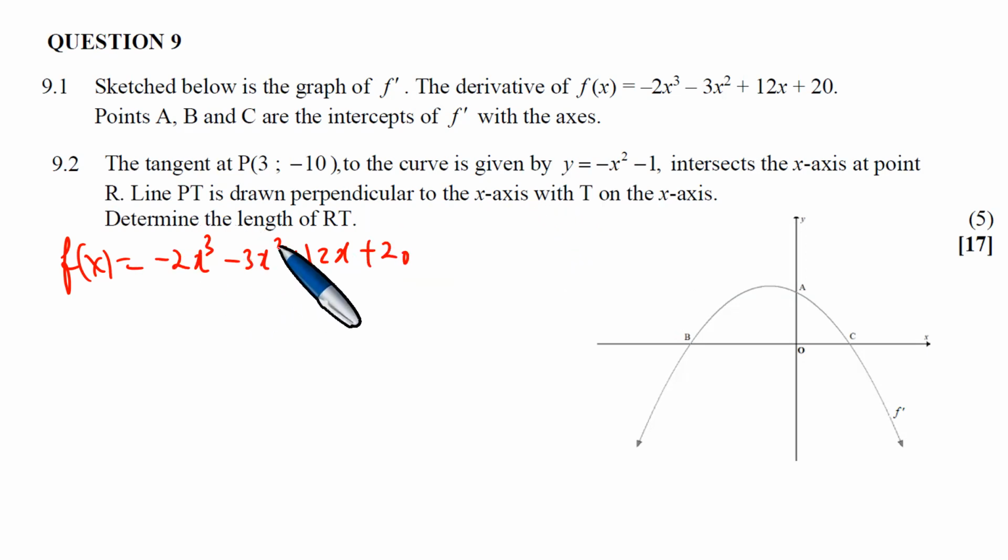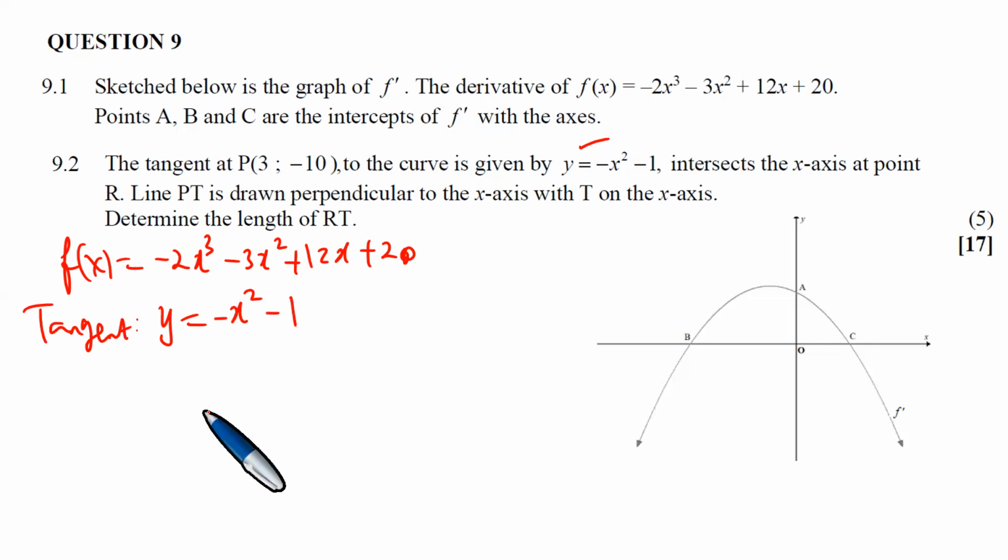Determine the length of RT. You're given the function f in the question, but the tangent at P to the graph is given by this, which is y is minus x squared minus 1.